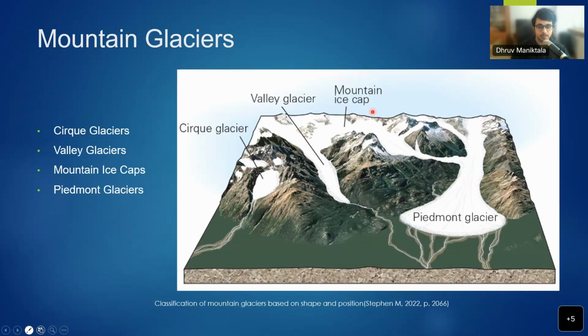And then we have Piedmont glaciers, which is when glaciers move out from the valley into the adjoining plains and spread out like a big giant elephant foot. So these are the most important types of mountain glaciers. There can be more different types, but we will not get into that.